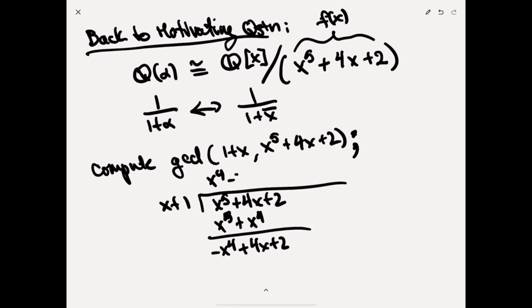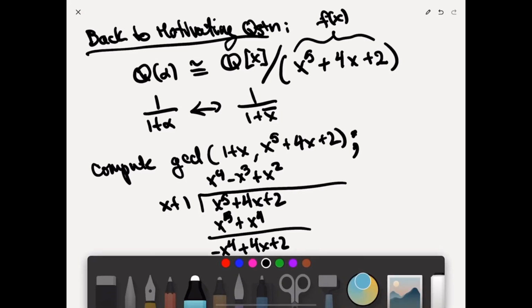Now I write negative x cubed, so we get negative x to the fourth minus x cubed. We get the same thing again, so now we have x cubed plus 4x plus 2. We get the same thing again, so then we have plus x squared.